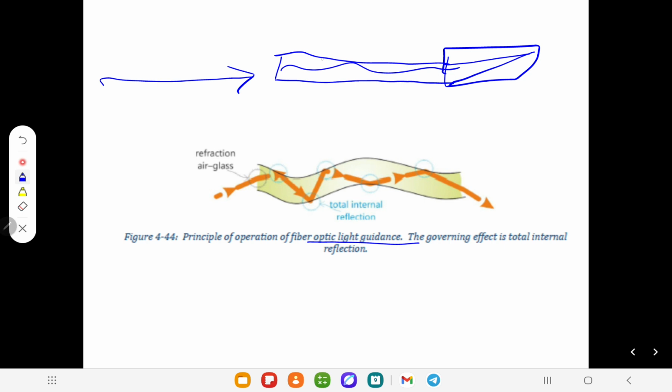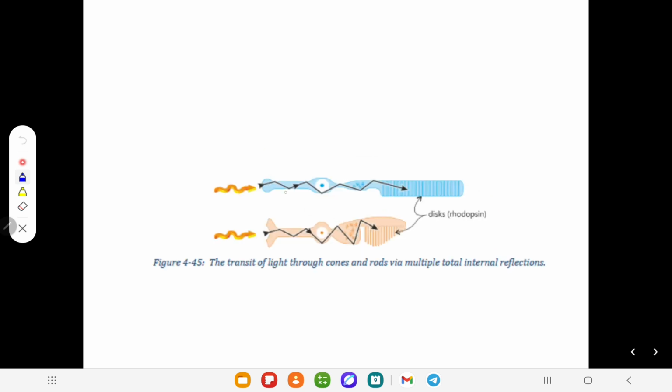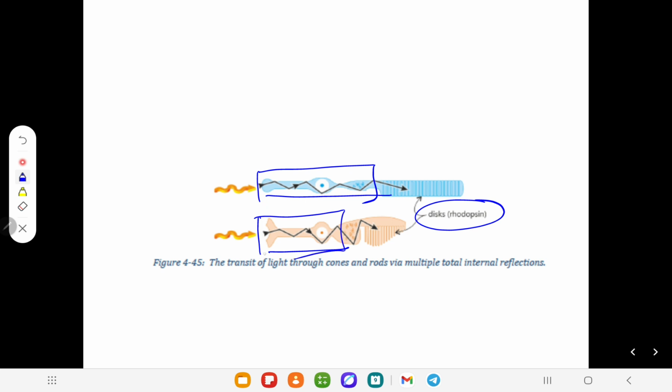So in this pathway, light passes in a total internal reflection fashion, isn't it? What I want to tell you is that this light must pass this whole pathway to get into the disc, and the disc absorbs the light, isn't it? So to pass there, light must pass so centrally that it passes this path with total internal reflection.